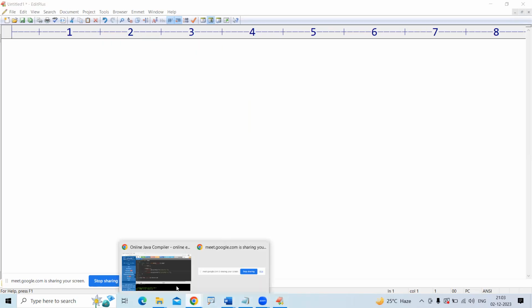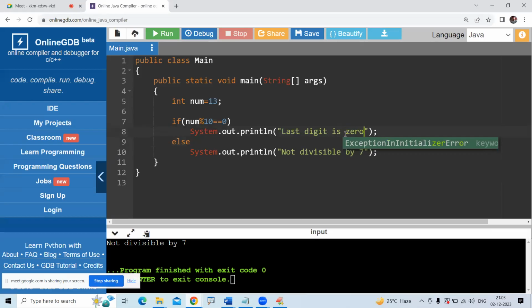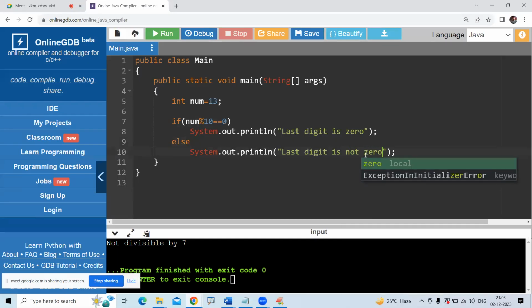Yes, the simple condition is how you get the last digit of a given number. When you divide any number by 10, this is arithmetic. Any number mod 10 will give you the last digit. If it is 0, yes, that last digit is 0. Else, the last digit is not 0.